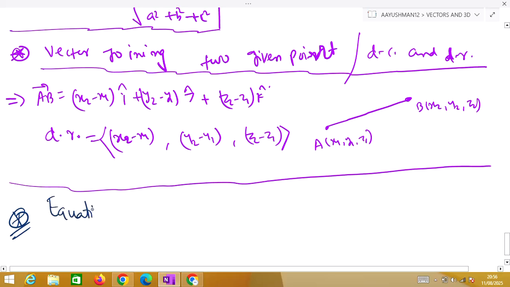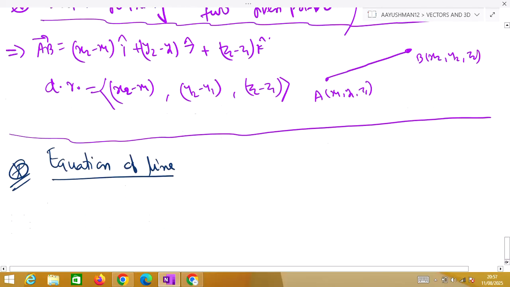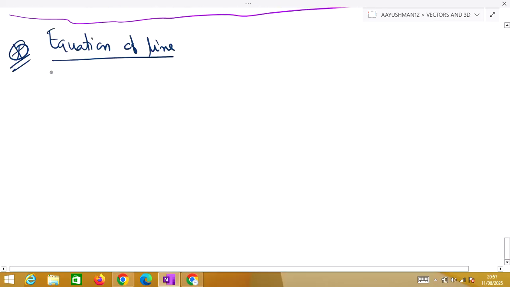So we have to discuss the equation of line. Equation of line we can write in two forms. First of all, you have to know that in the plane three different types of line are possible.